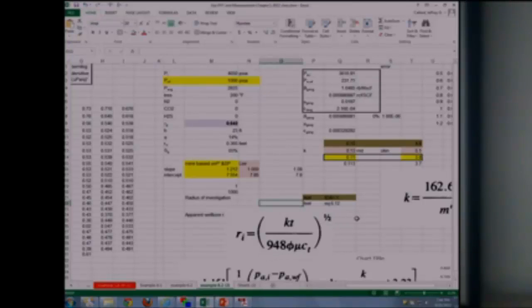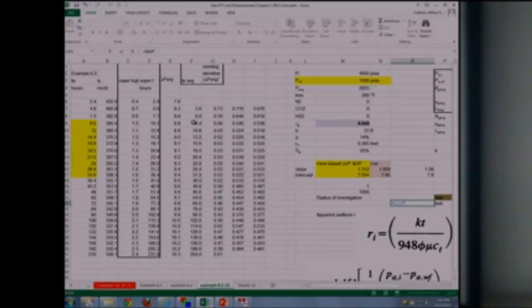So let's calculate it. Let's use what we think are the best numbers. I think it's my perm, 0.11 millidarcies. This becomes sketchy. What do we use for time? Typically, the engineers I talk to use real time, 216.